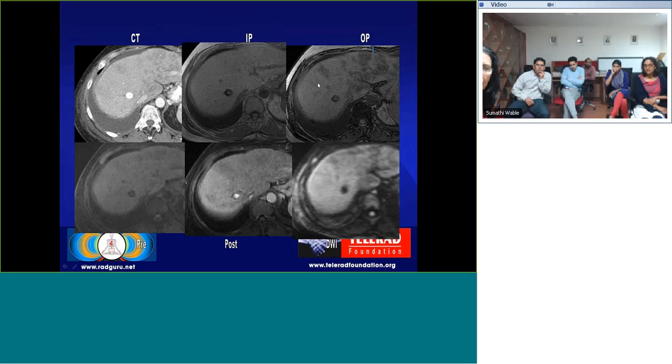And on the in-phase, out-of-phase images, you see that the very same areas drop out in signal. And on the pre- and post-contrast images, there's really no enhancement, right? The other tip-off is you look at these vessels. The vessels are not displaced.